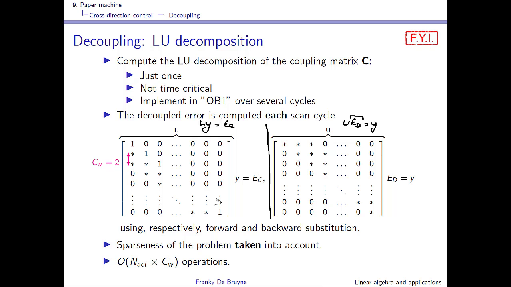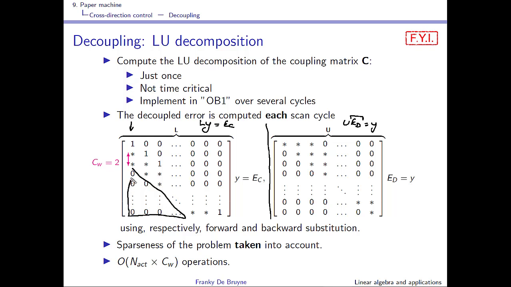L is lower triangular, so what you'll do is forward substitution. y1 is easy to obtain. You just read it from the matrix and then you can start doing this forward substitution, and things will be even easier because you have here lots of zeros.